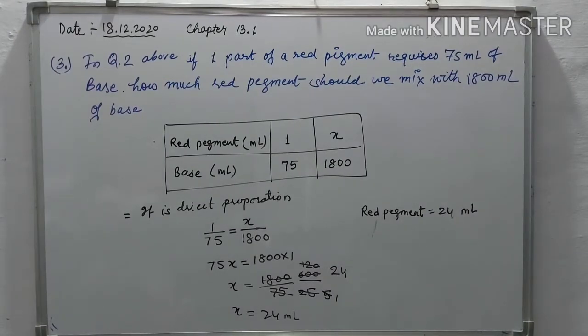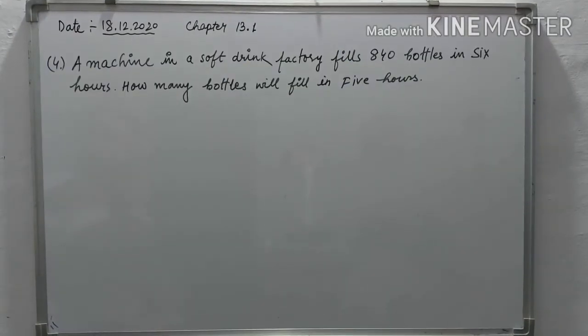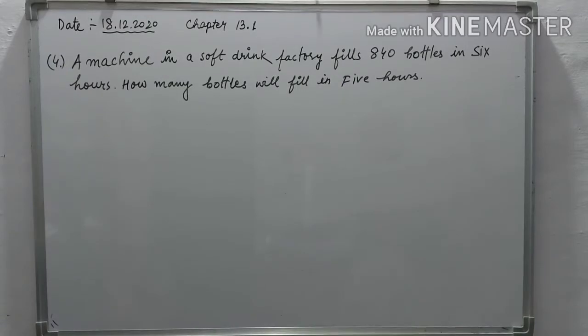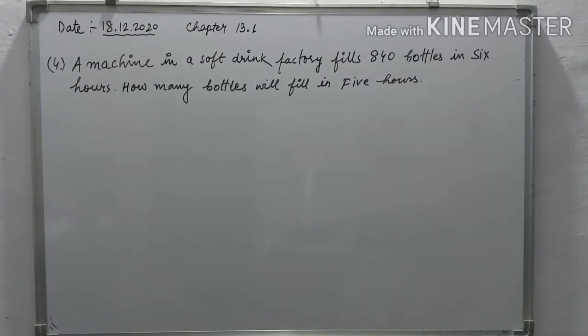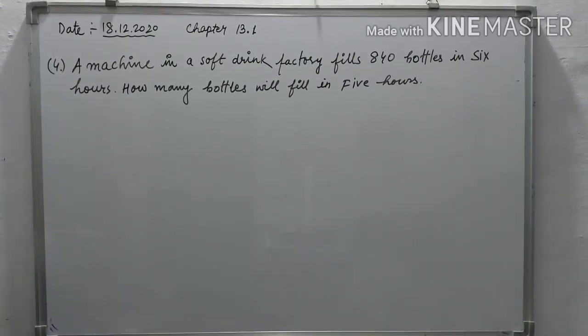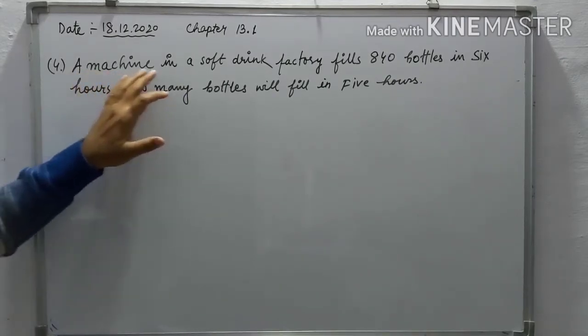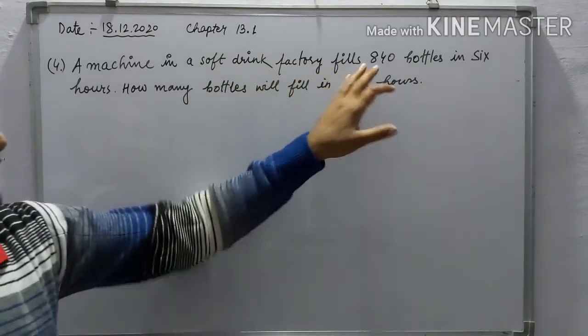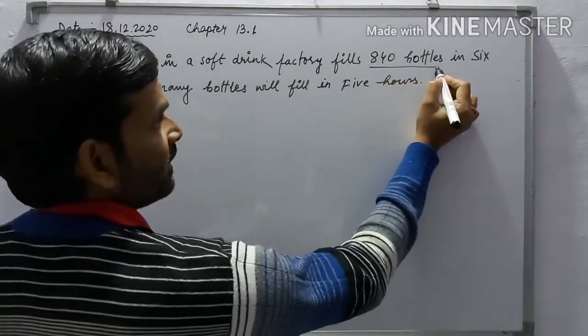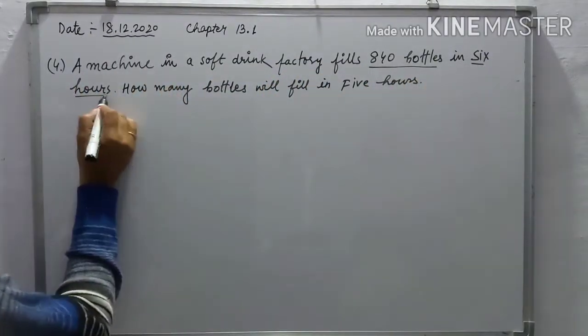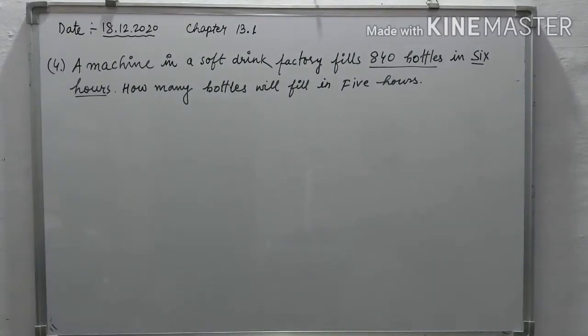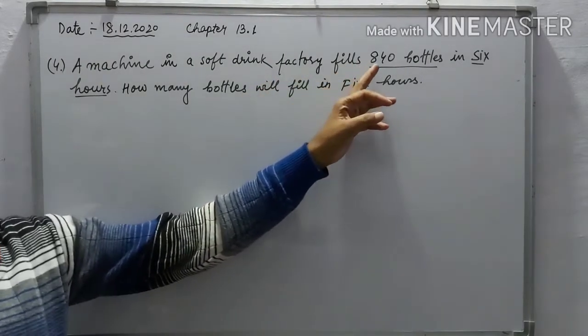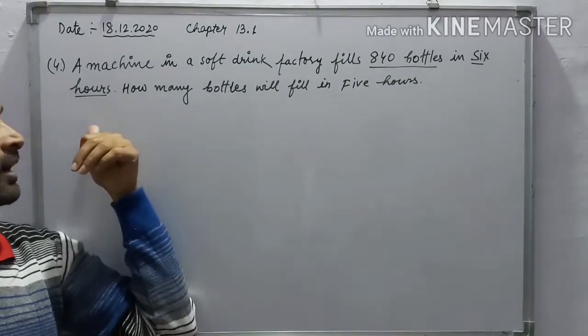Question number 4, a machine. Any machine works according to time. A machine in a soft drink factory fills 840 bottles in 6 hours.